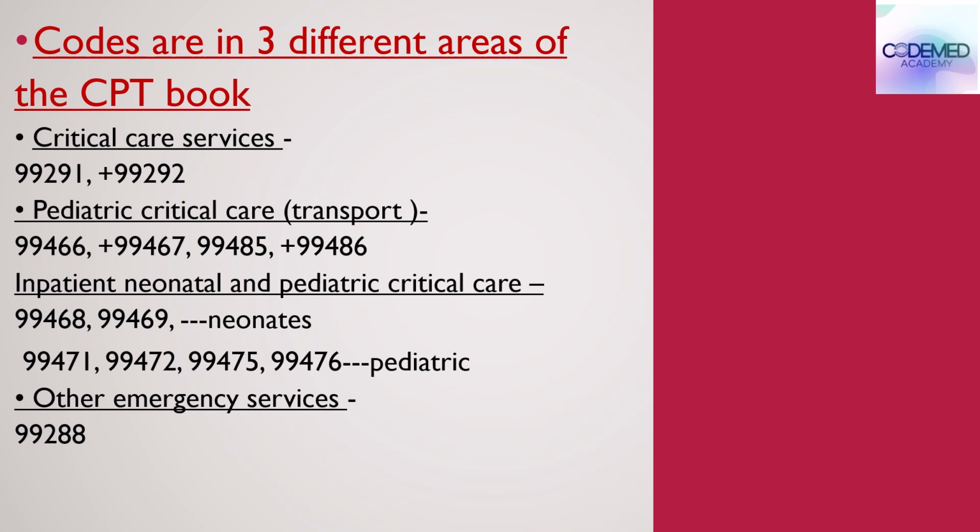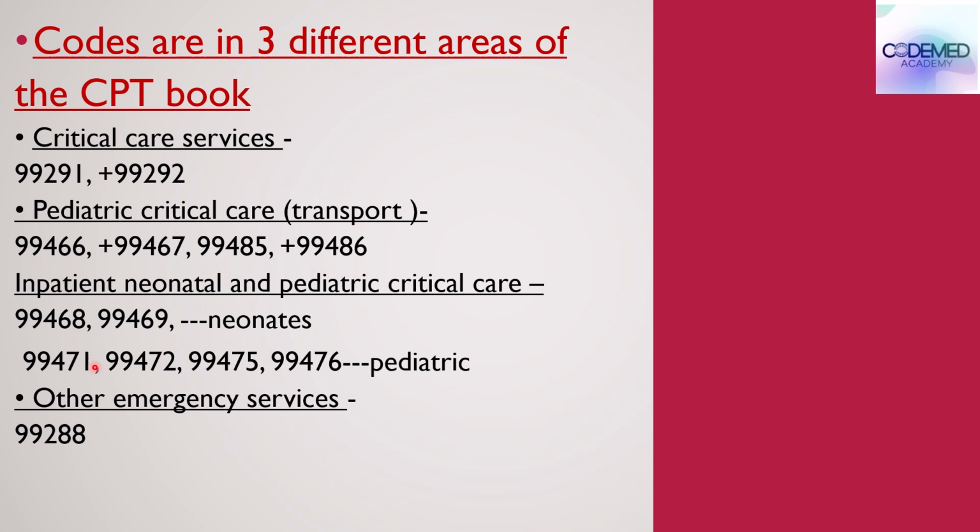Now, the codes are in three different areas of the CPT book. One is the critical care service code 99291, and then there is add-on code 99292. Then we have the pediatric critical care transport codes, which begin from 99466, 99467 and 99485 and 99486.